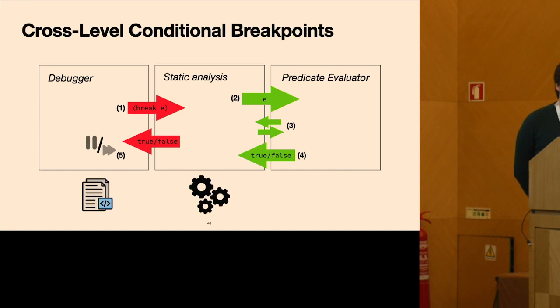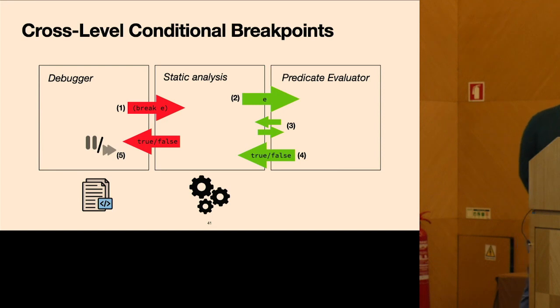So now briefly, before going to how we validated our debugger, I would like to explain how the conditional breakpoints are evaluated. So basically, we have three parts. We have the debugger itself, we have the static analysis implementation, and then we have what we call a predicate evaluator. And so in the first step, what would happen is that the static analysis notices that the input program contains a break statement.